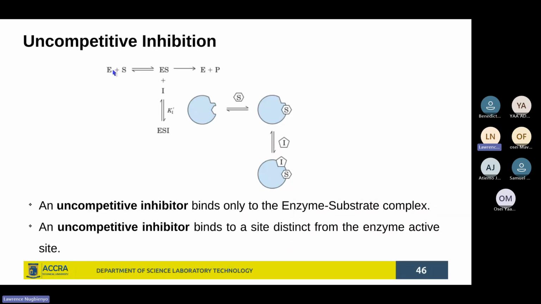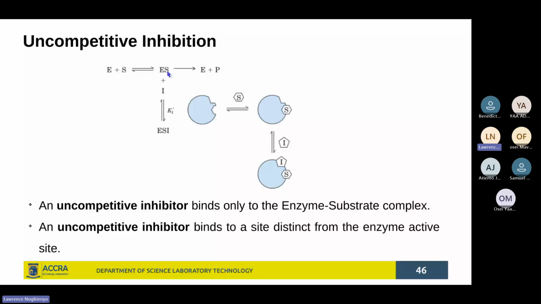You see it being depicted also in the form of a chemical equation where you have the enzyme E with a substrate binding to give you an enzyme substrate complex. In the normal reaction path, you have the enzyme substrate complex going into a transition state and then producing a product P, which dissociates away from the enzyme E.